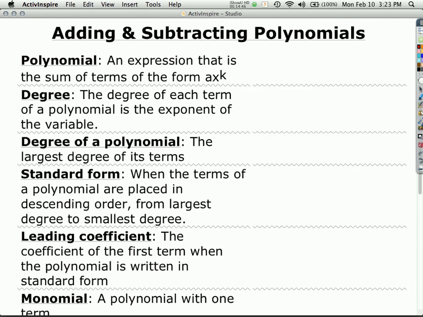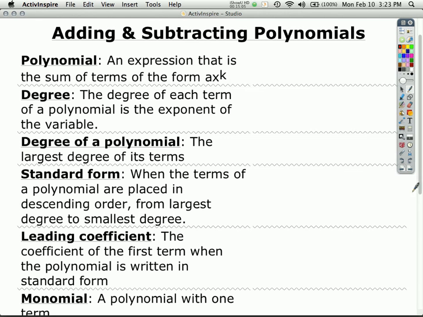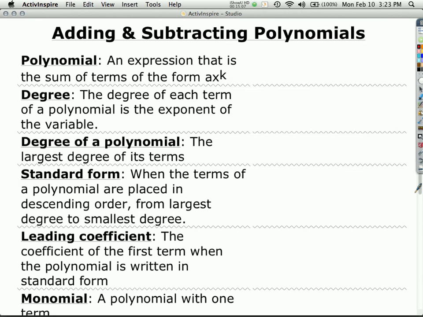Can't use the same abbreviation for exponent and expression. You got to be careful with that. Okay? So I'm going to give you a couple of minutes to start, but what I would like you to do is leave a little space to the right of each definition because we're going to fill in an example that we're also going to put little notes on. Okay? Take a couple minutes to go ahead and get some of this down. There are a few more at the bottom. Don't worry, they're a little bit shorter, and we'll get those filled in after.